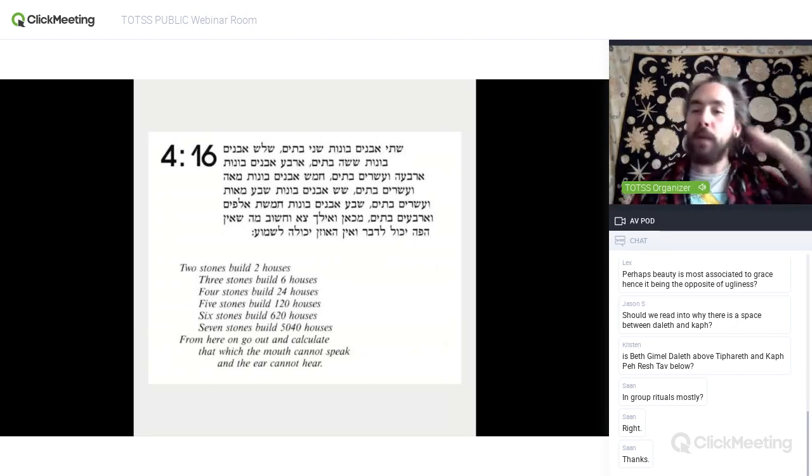Okay, so by stones here, we're talking about letters, and by houses, we're talking about words or permutations. One thing worth knowing about Hebrew is that because the Hebrew alphabet doesn't contain any vowels, there's a couple of pseudo vowels, but essentially it contains no vowels. Hebrew words are just written as strings of consonants. Now, in modern Hebrew, you have a whole vowel pointing system, but the letters themselves don't contain the vowels. And so what this means is that there are no unpronounceable strings of letters.